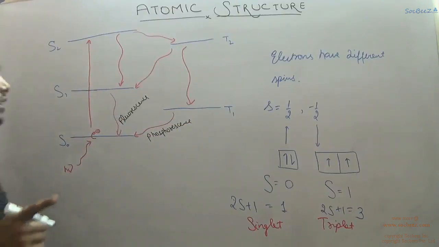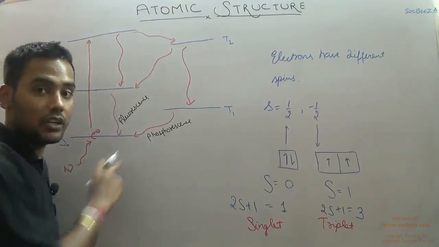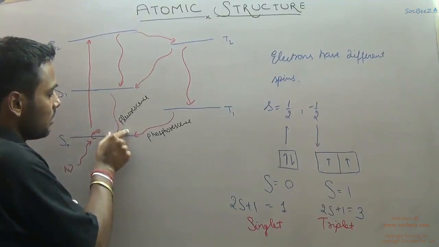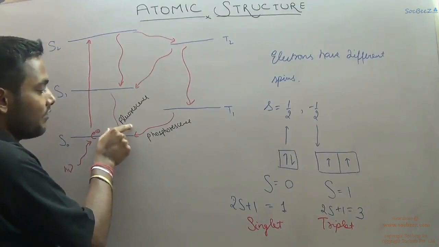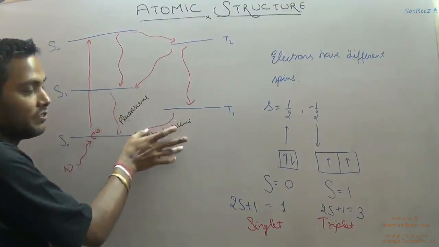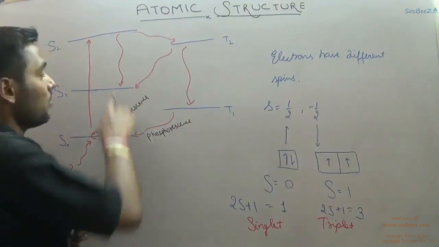This is known as radiative emission because it is backed by the evidence of observation. It means that you can see fluorescence or phosphorescence if it falls in the visible region. But you cannot see this.